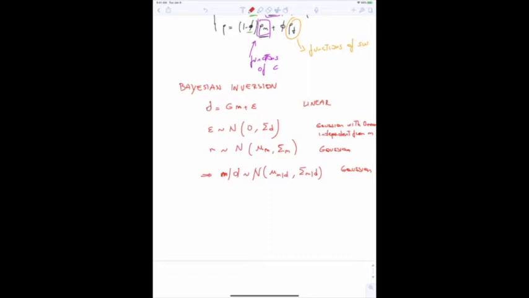Now, the nice thing is that these two can be analytically computed. So there is a closed form for it. Mu m given d is equal to mu m, the prior, plus sigma m times g transpose times the inverse of g sigma m g transpose plus sigma d, times d minus g mu m.